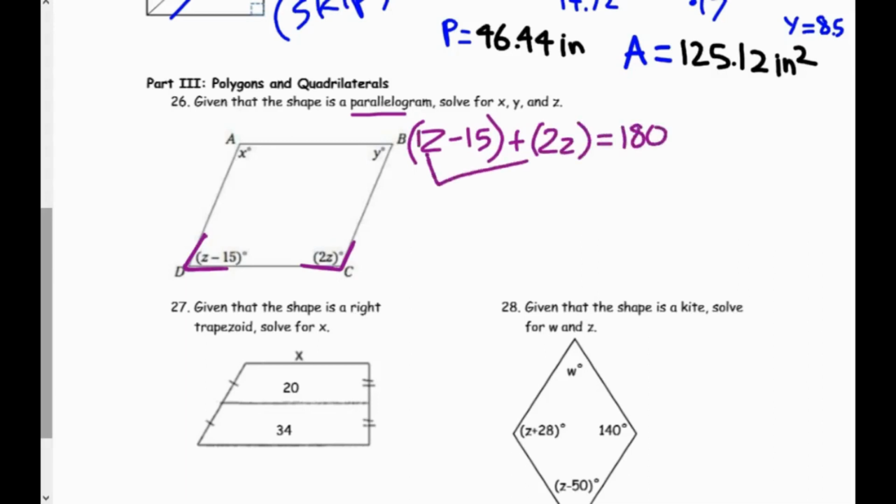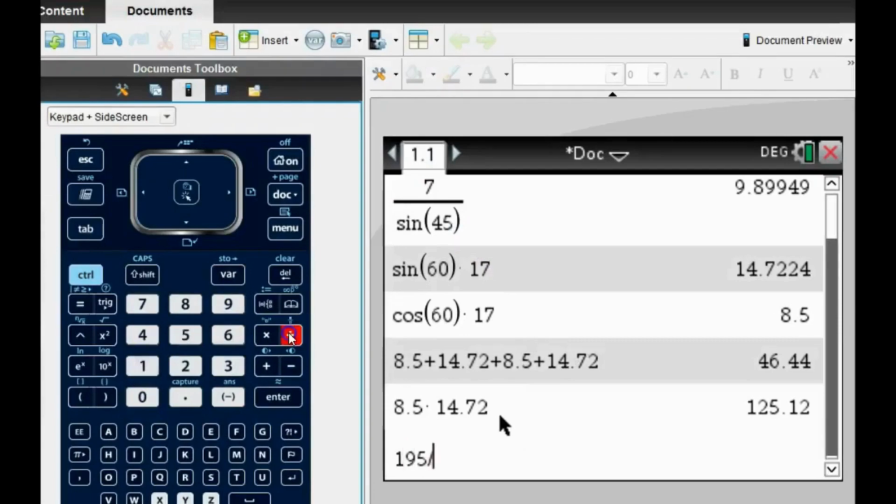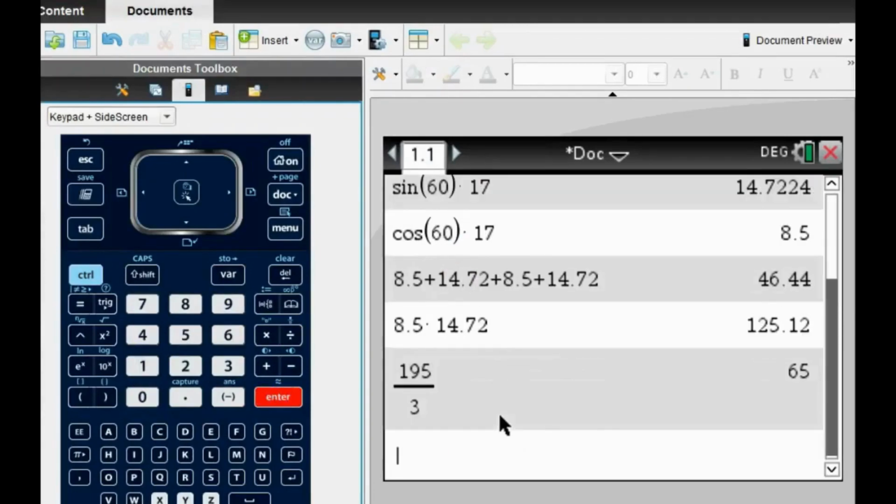A 1z plus a 2z is a 3z. Bring down minus 15, and that equals 180. Get rid of the loner. 3z equals 195. Divide by 3. What is 195 divided by 3? 65.